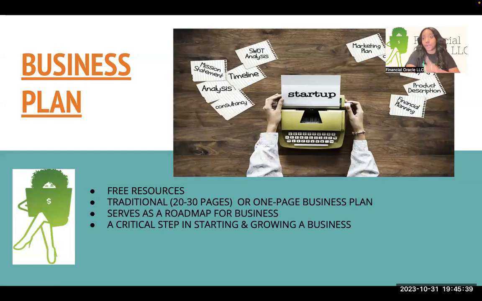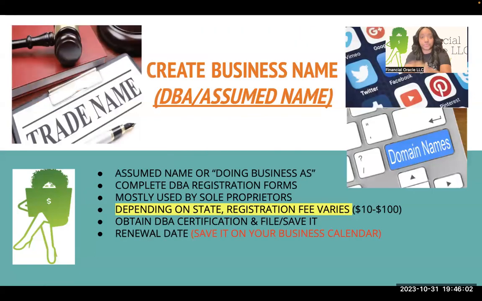Also, I will be attaching a free one-page business template in the description box. And speaking of free, this is free, guys. You can pull it up on Google, or click on the template that I will provide for you. It's everywhere. Definitely take advantage of this.